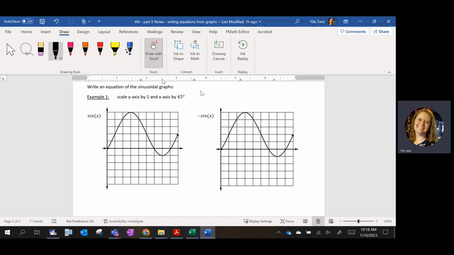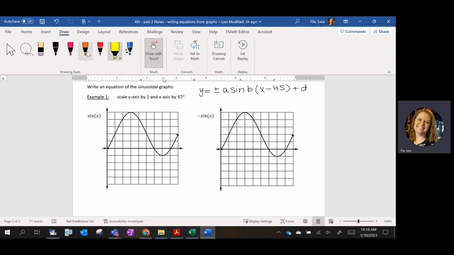So before I jump into anything, I'm going to write the equation up here. We're going to have positive or negative A, and then this one is sine. I'm going to write it with the B factored out because it's easier to see your horizontal shift. Okay, so this is the format.